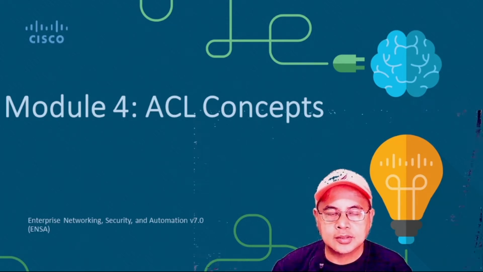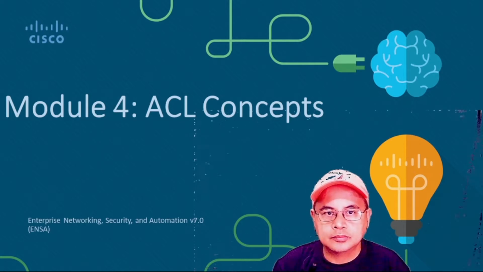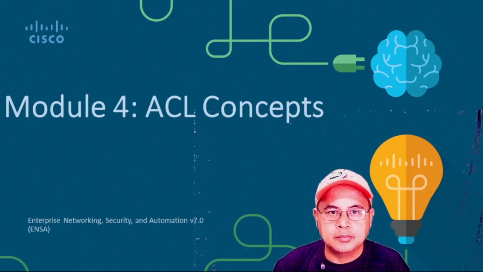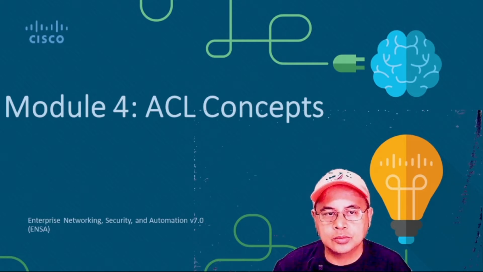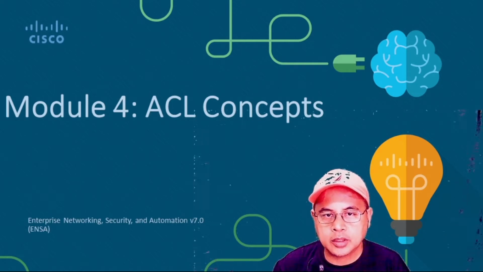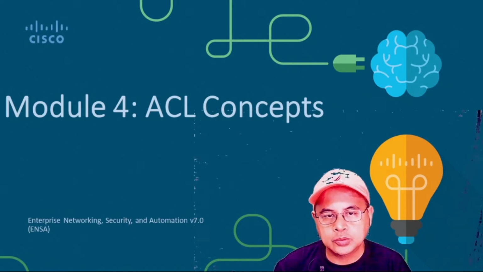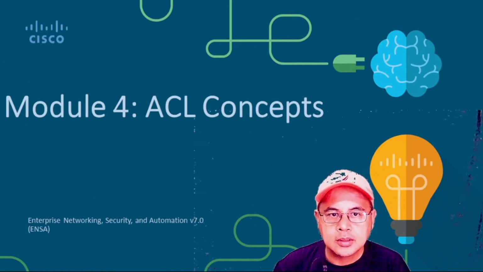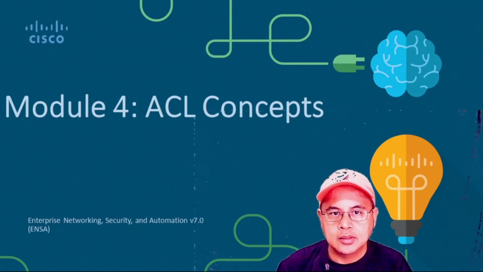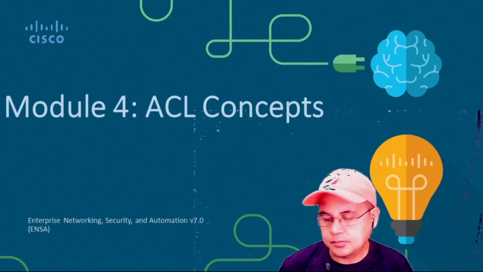So we're going to discuss why we need to configure an access control list in a router, because this is part of the network security that is used to protect our network from any unauthorized person. And we're going to discuss also the different types of ACL and how we are going to apply it in Cisco interface. So let's dive into the PowerPoint presentation.